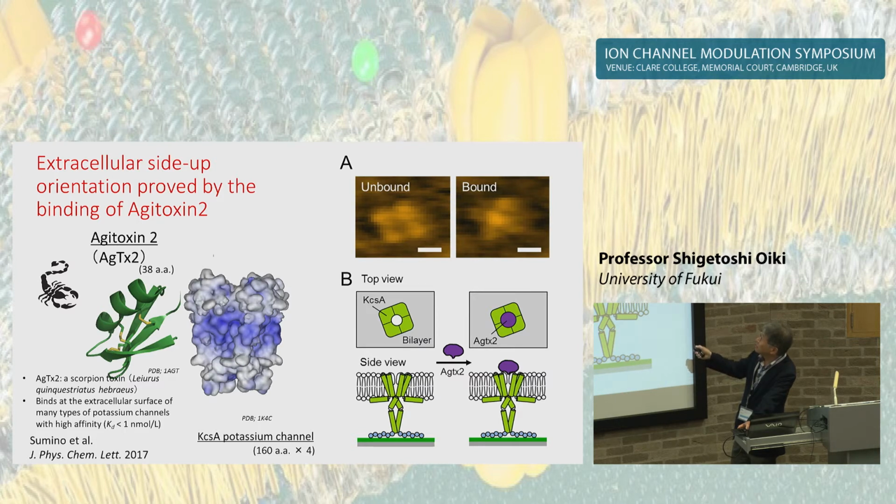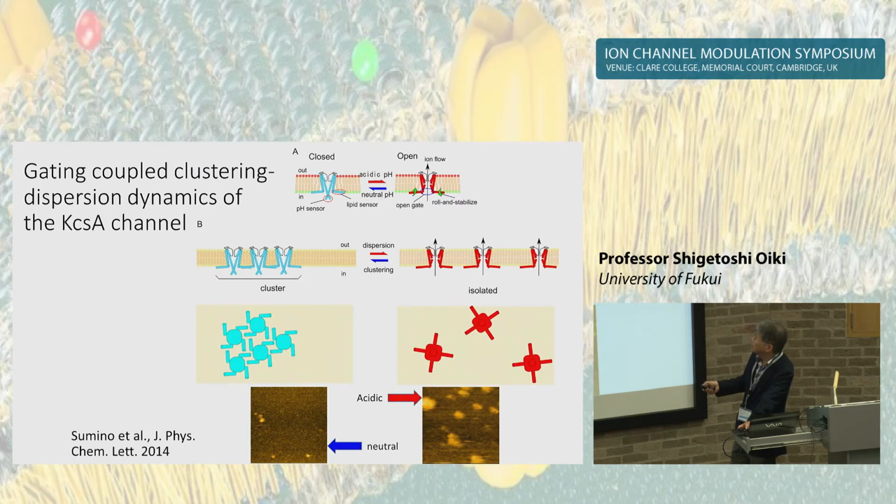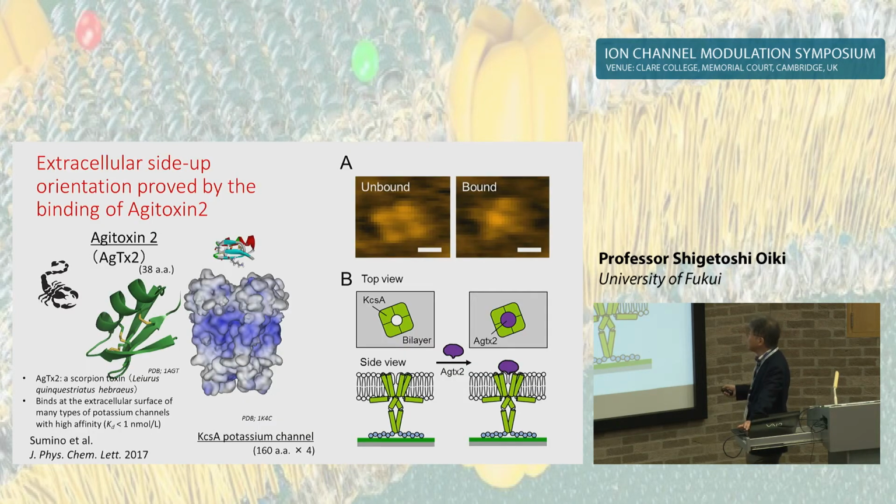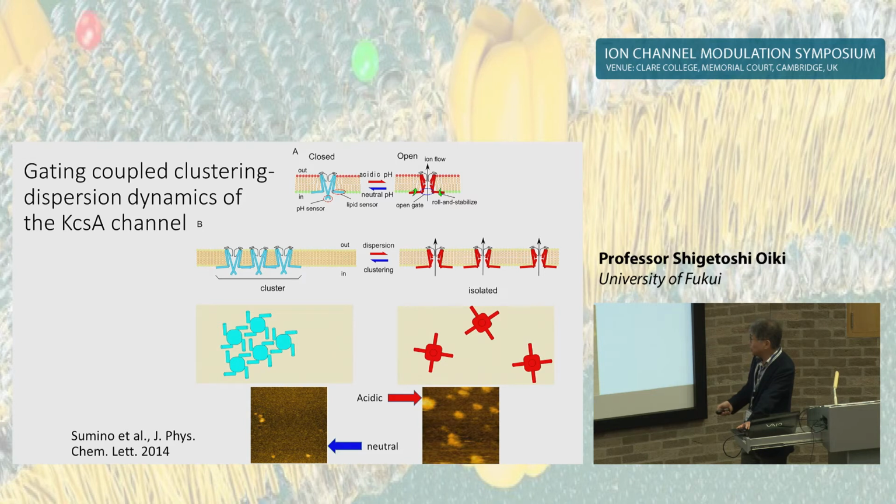You see the tetrameric structure, but once the toxin is bound, there is a bulky substance. So by measuring the height of the channel, you see the binding and unbinding kinetics from this kind of experiment.